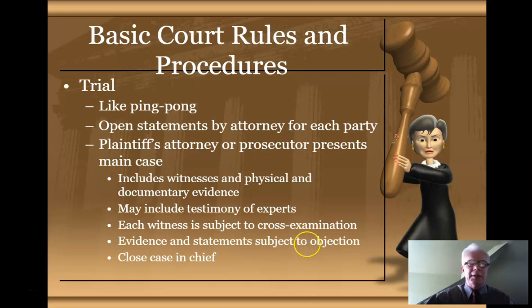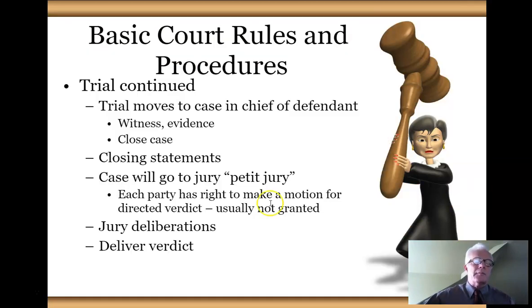There's all sorts of objections. You've probably heard these on TV: hearsay, leading the witness, badgering the witness, irrelevant, and so on. And so you can try to get evidence denied. Then we end up with closing statements, which is the last argument.